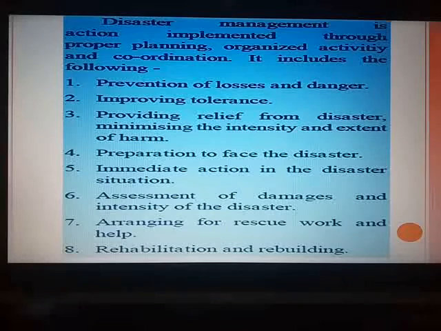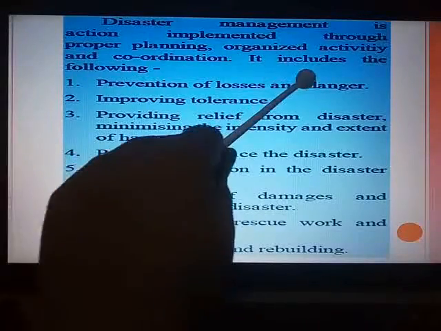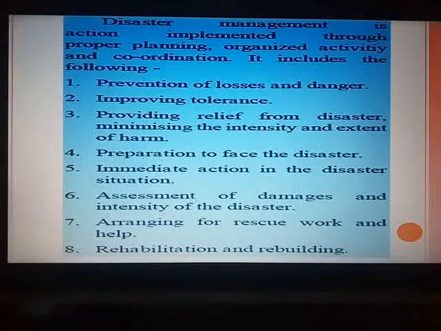After a disaster, depending upon the intensity of the disaster, how serious or mild it is, every disaster creates some loss. So preventing maximum loss and preventing danger is the main part included in disaster management action.